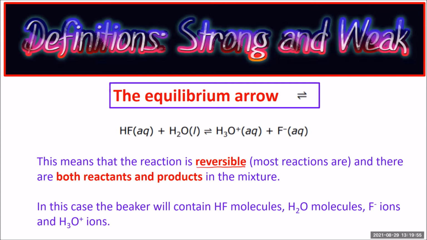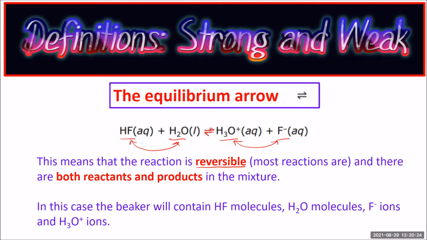That means not only can hydrogen fluoride and water combine to make the products, but you can also get the hydronium ion and the fluoride ion combining to go back to the reactants. And therefore the arrow has half of the arrow for the reaction of hydrogen fluoride with water and half of it for the reaction of the hydronium ion with the fluoride ion.